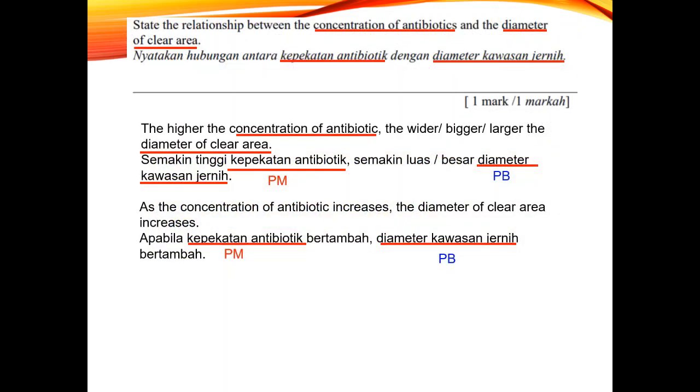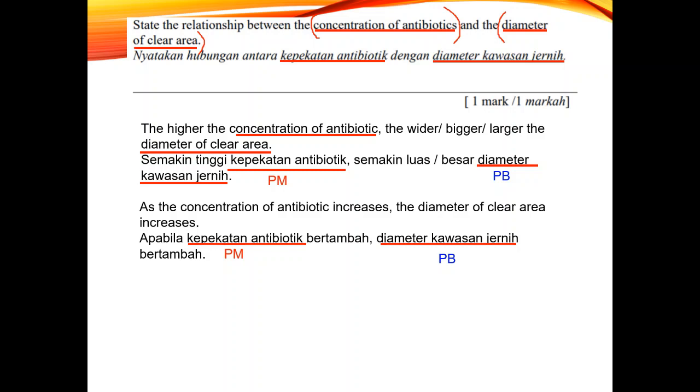So we continue with another example. This one, state the relationship between the concentrations of antibiotic and the diameter of the clear area. So you need to know which one is the manipulated, which one is responding actually. So actually you can get the answer from the graph if the question asking you to plot the graph. Okay, so suggested answer you can write down: the higher the concentrations of antibiotic, the wider, the bigger, or the larger the diameter of the clear area.